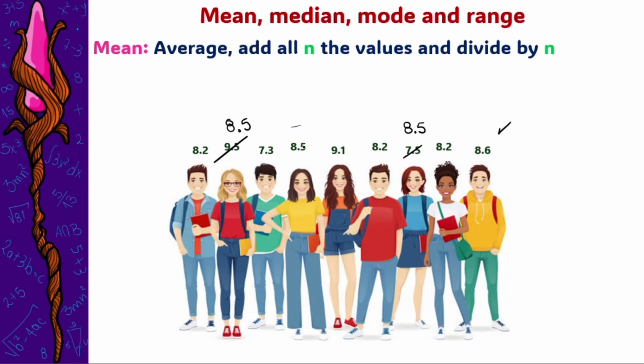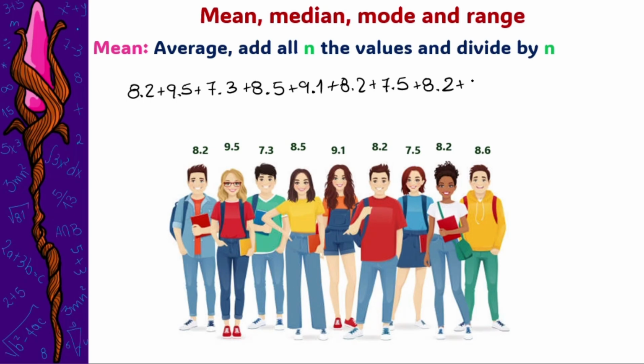But of course, doing this process is not very effective, and also because sometimes we could have more than 9 students. So what we would do is just add all the points together and distribute the same amount to each student. So in this case, we would do the addition of all the numbers. That is equal to 75.1.